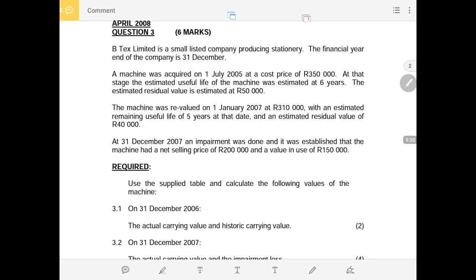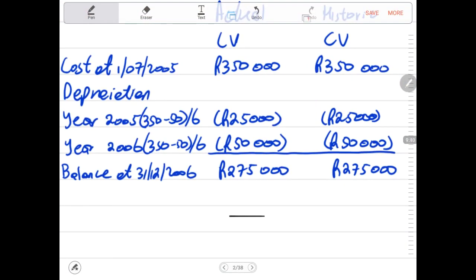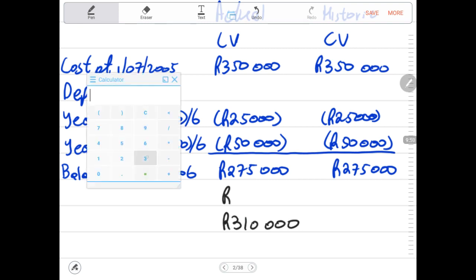Now let us continue on that same note. There's this revaluation of 310,000, meaning the value of our machine after the revaluation must be 310,000. So immediately you skip one line, you write 310,000, then you know that the difference must be the revaluation. 310 minus 275.